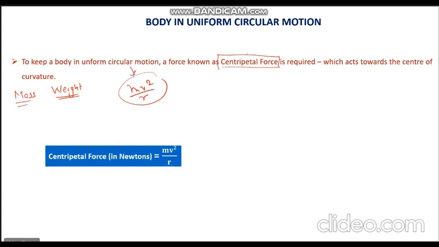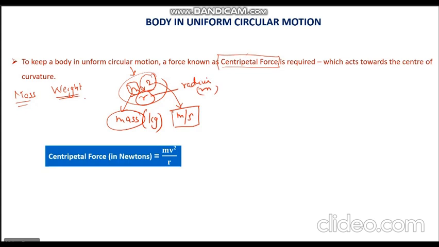And in this formula, this M here is strictly the mass. Mass means mass, and in this formula, this mass is in kg. Mass can be in tons also, never mind. In this formula, this V is the speed of the body, and the speed is in meters per second, not in knots. And in this formula, this R is the radius of that circle in meters.